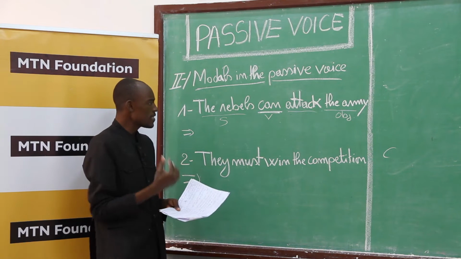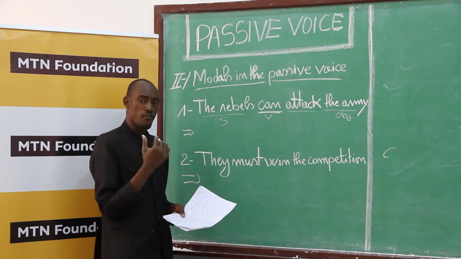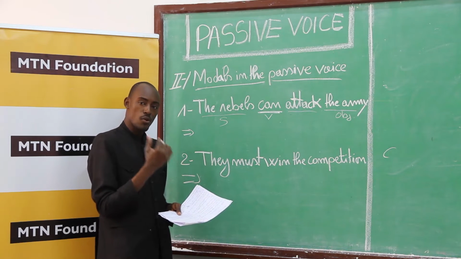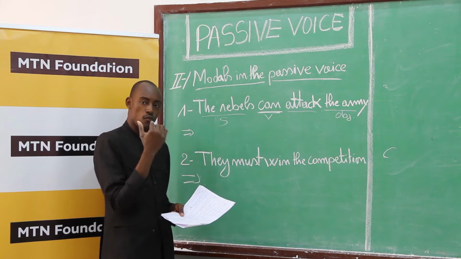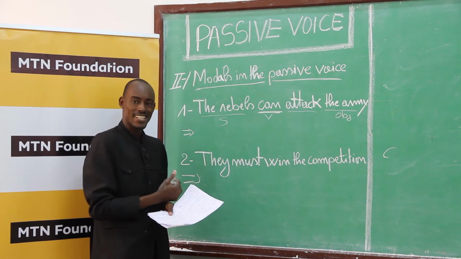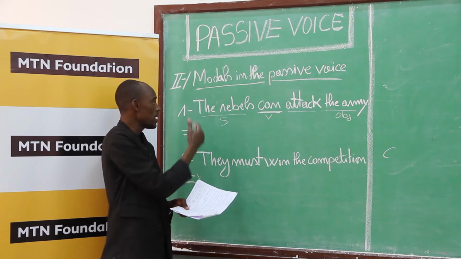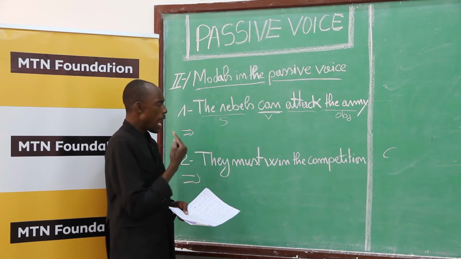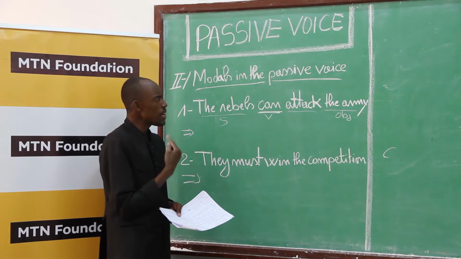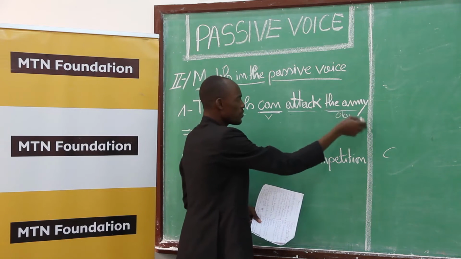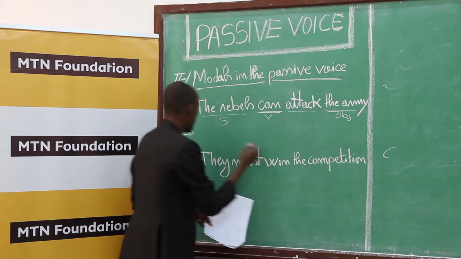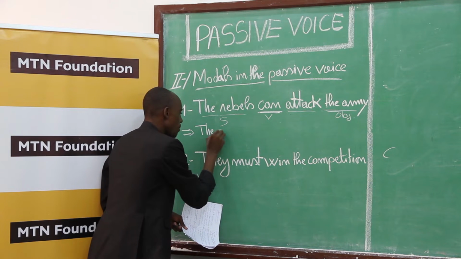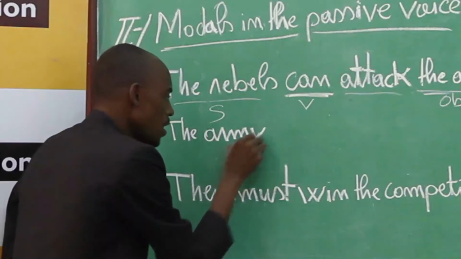Now, let's turn this sentence into passive voice. Here we have modal verbs. We are going to move to passive voice using the first sentence. In passive voice, the object becomes the subject. Here we have the army.